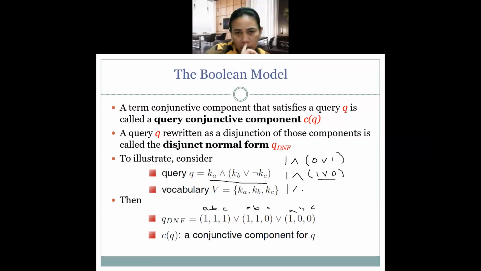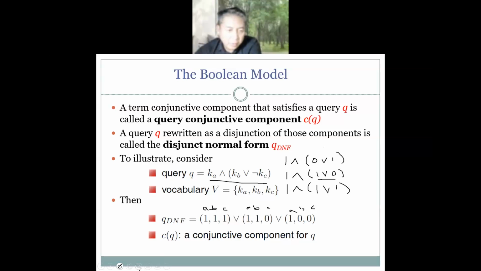Or you could have this 1 or 1. So I can go for this or this or this. But if we remove the symbol, then they become 2.